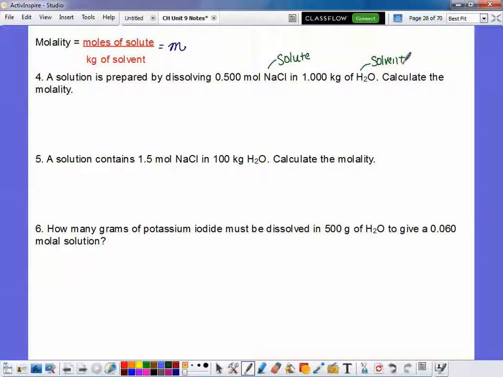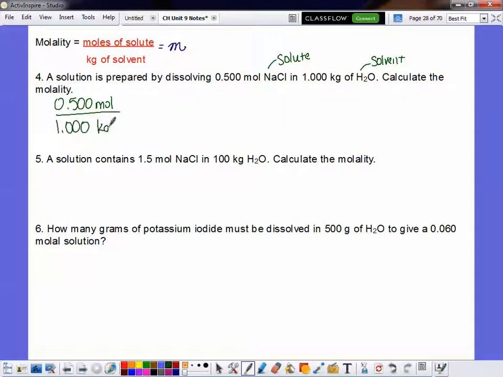All right, so molality is going to be moles of the solute, 0.500, per kilogram of the solvent, 1.000 kilograms. This math should be really easy. What's 0.5 divided by 1? 0.5, right? But we have to maintain sig figs. How many sig figs are we going to have? 3, because that's the lowest number from the problem.